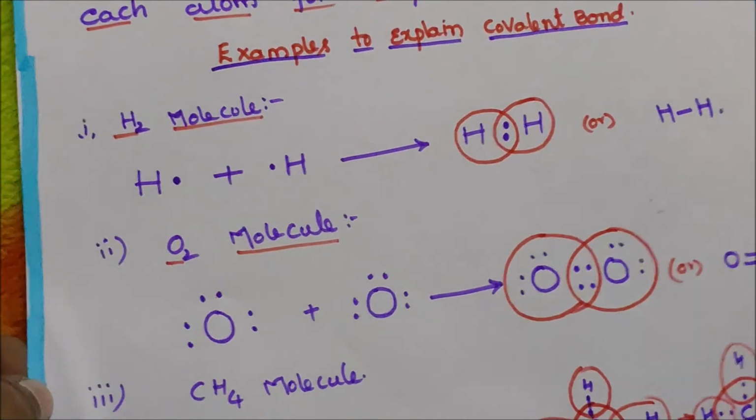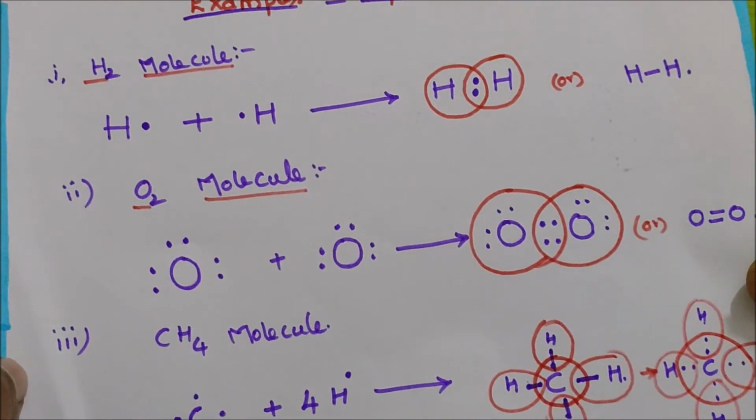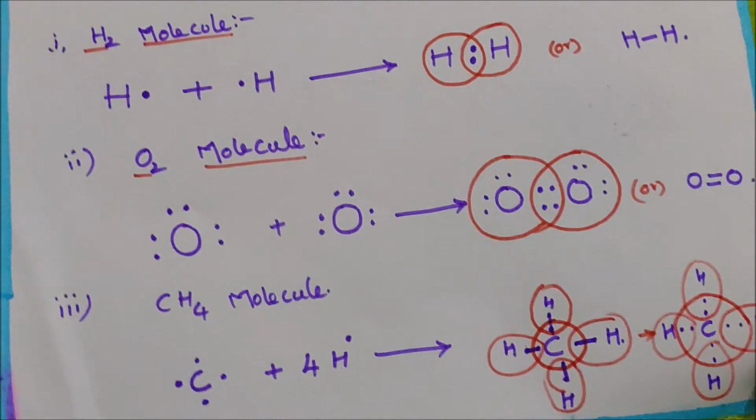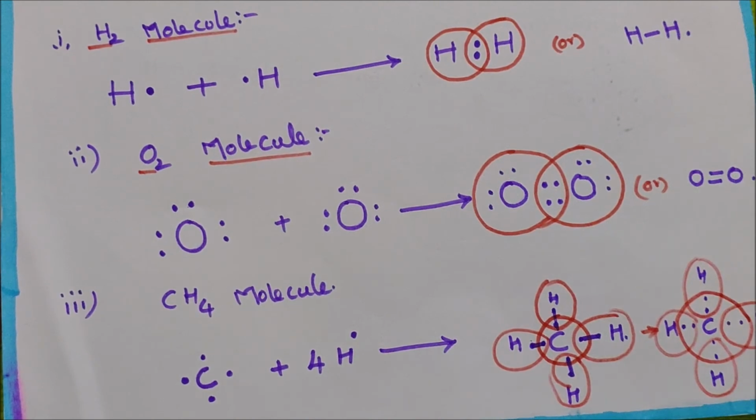And another example, CH4 molecule. CH4 is called methane. In the methane molecule, 1 carbon and 4 hydrogens are involved in the bond formation. The carbon atom has 4 electrons in the outermost shell, and each hydrogen atom carries 1 electron, because hydrogen's atomic number is 1.